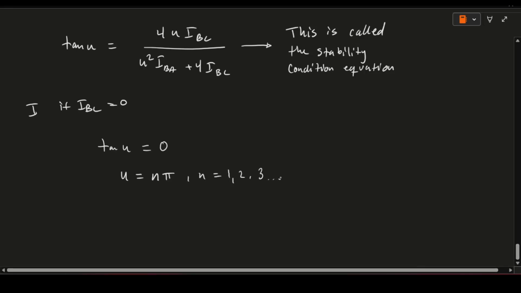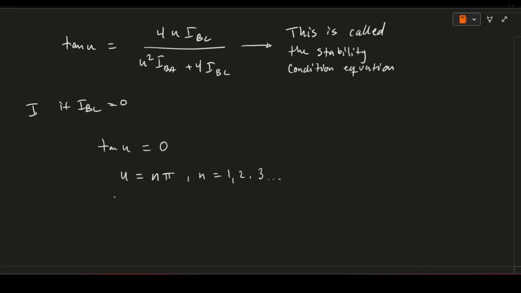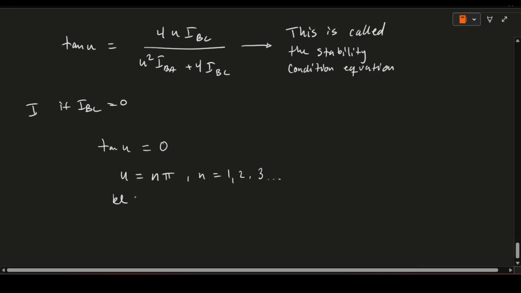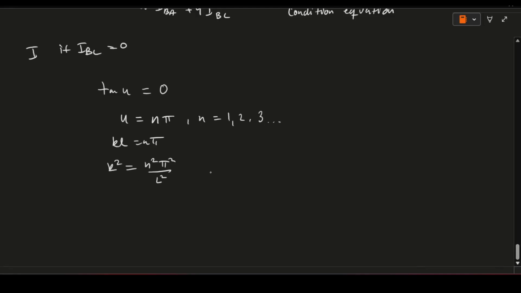Okay. And we know that u is equal to KL, and we know that k squared is equal to n squared pi squared over L squared. So that k squared equals P over EI.